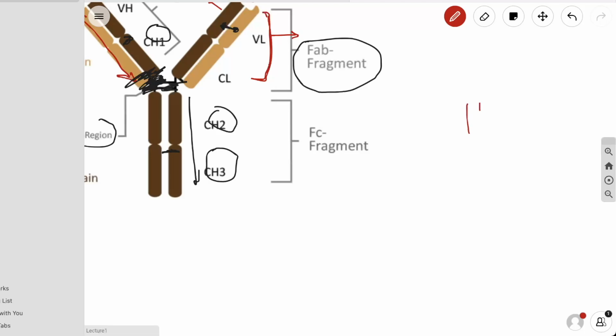This is a flask, and in this flask, an enzyme called papain was introduced. This flask has different Y-shaped antibodies. So papain was introduced.